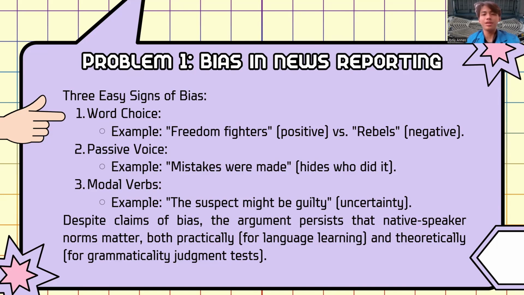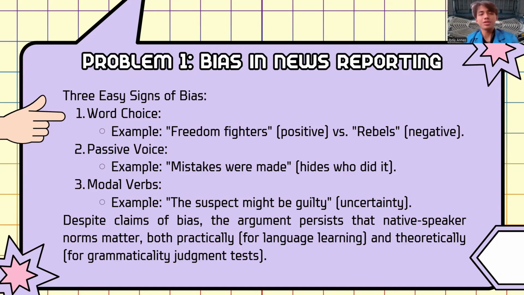Same people, same event, but a different meaning of the message, right? So that's because of bias in news reporting, or we can say biased language. A linguist named Mr. Thompson studies how the words used in the news can shape public opinion.